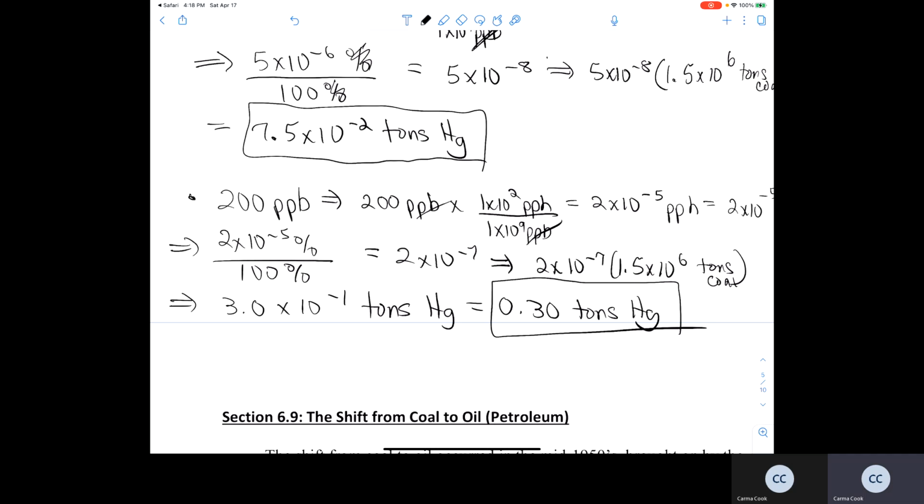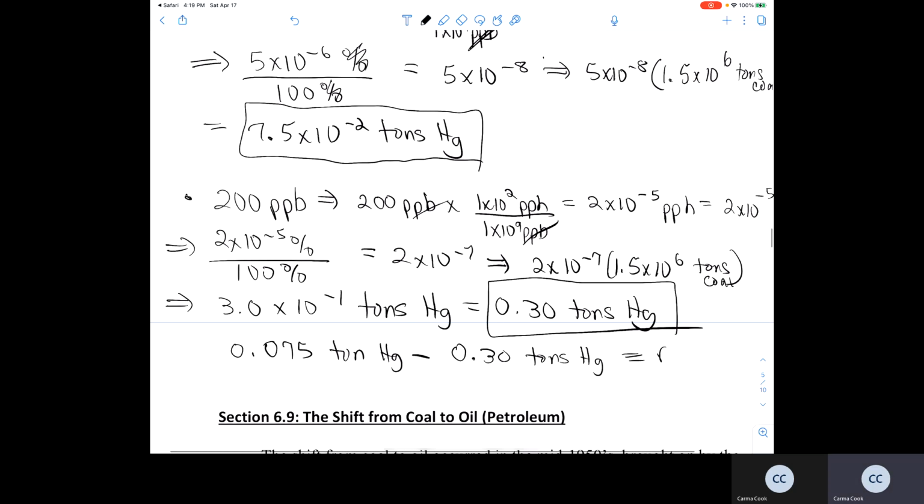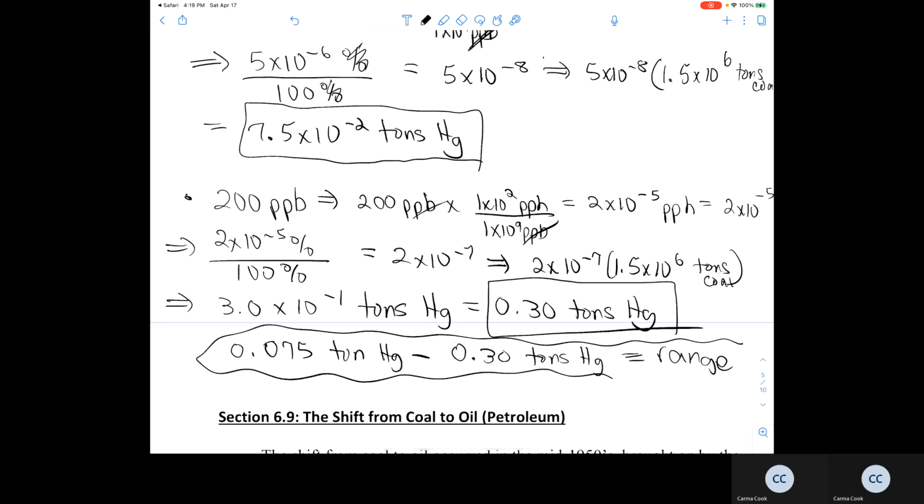So that's your range, 0.075 tons of mercury to 0.30 tons of mercury. That's your range. And that brings us to the end of our Chapter 6 lecture on coal.